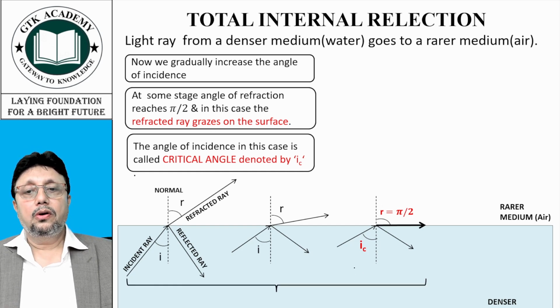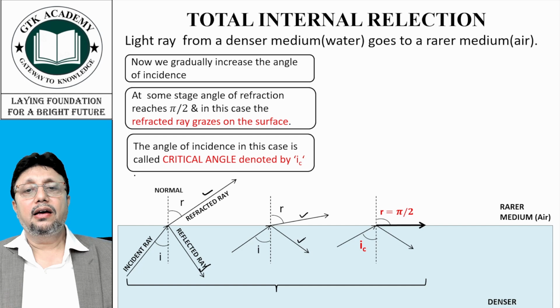So you can see in all these three cases, we have drawn three. There can be n number of cases when we slowly keep increasing I. So there will be many cases. We have only depicted three here just to explain to you. In all these three cases, you have a refracted ray and a reflected ray.